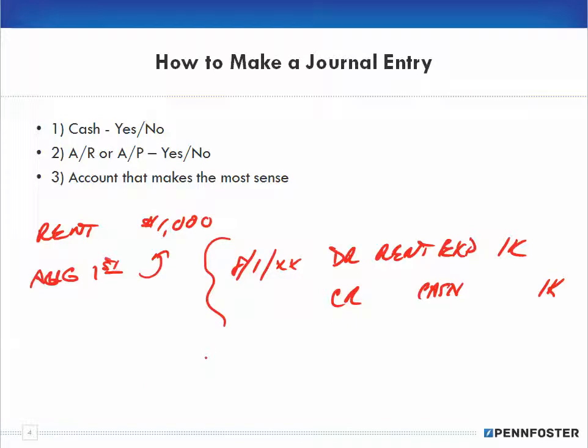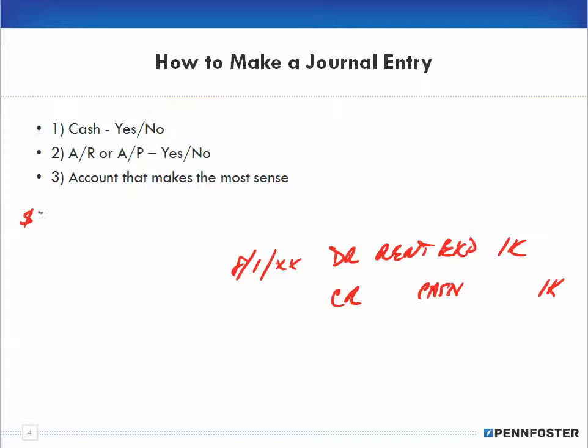And this again is just an aside. Let's say you're taking a test, and the test says, okay, Johnny Smith is going to pay $3,000 for rent using cash on, say, September 27th for the month of October.